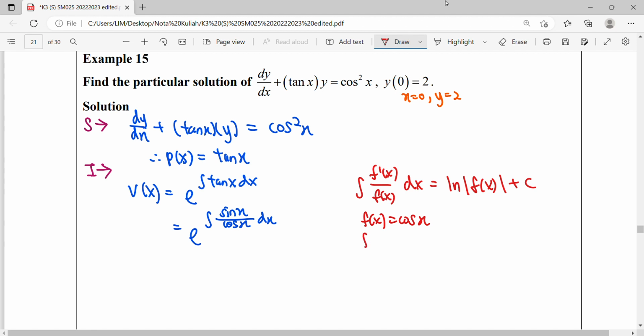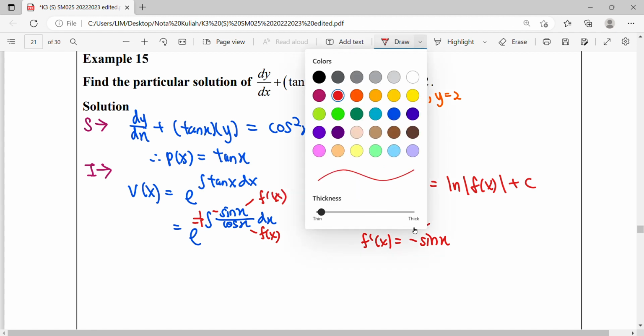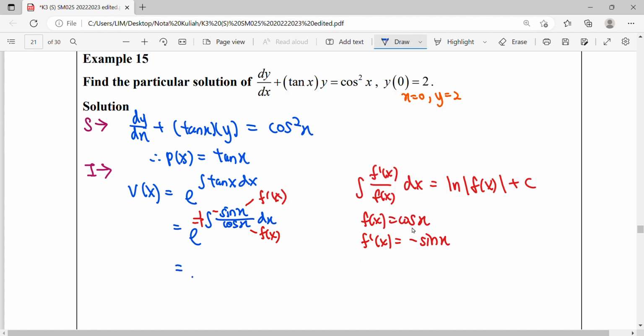When I differentiate cos x, I get negative sin x. I have that pattern, just a coefficient difference, so I can multiply by negative and divide by negative, so this is f(x) and up here is f'(x). When integrating, we can strictly use the formula, which is ln f(x).